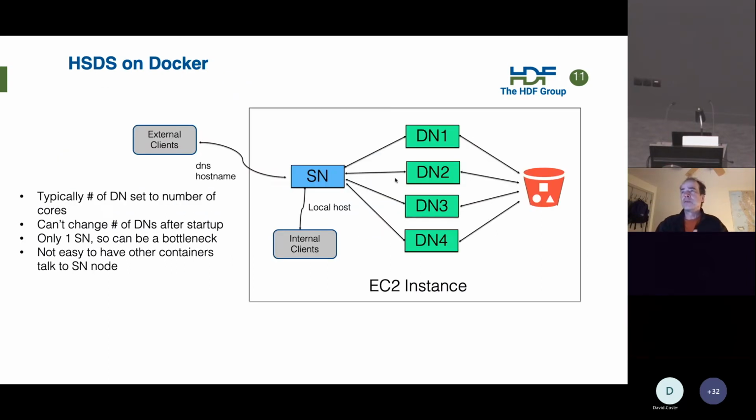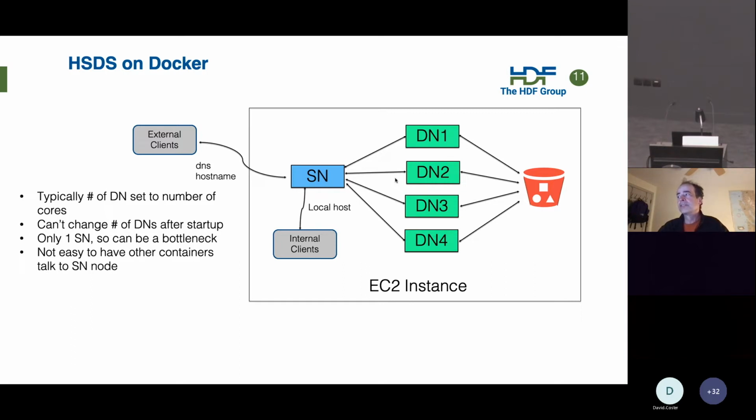So originally, we just had HSDS and Docker. And this works by having either an EC2 instance or just a workstation running Docker. And the SN and DN are HSDS containers that run on Docker.